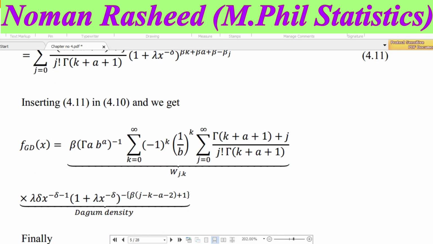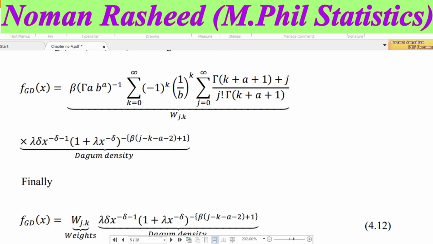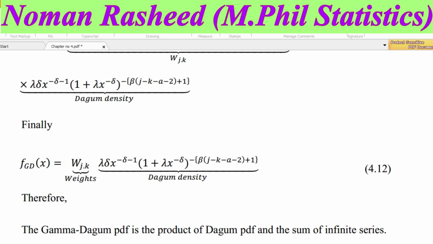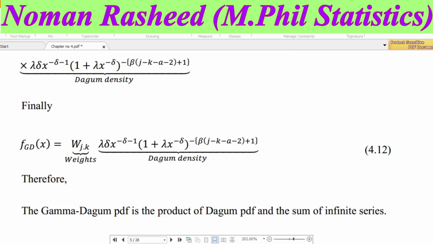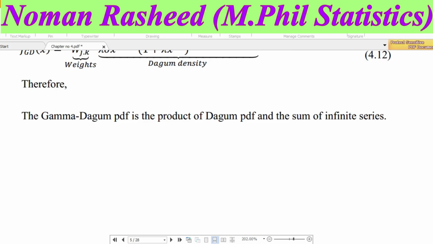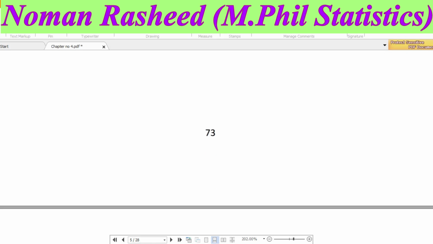The limited form of the gamma distribution is, finally, we can write it as that is the weight lambda, and that is the gamma density. Therefore, this function can easily be used to obtain further properties of the distribution.